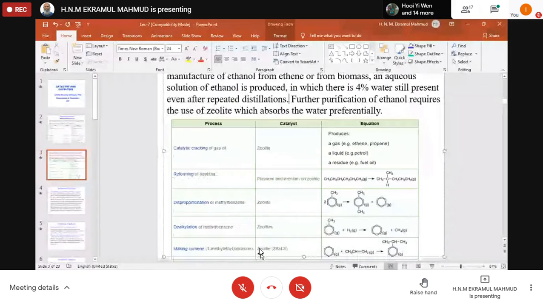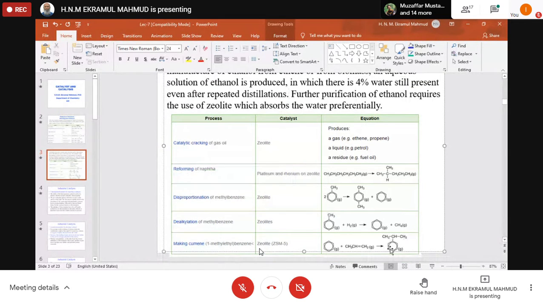And we have cumene, isopropyl benzene, or the other name is 1-methyl ethyl benzene. So ZSM5, zeolite socony mobil 5, is used to produce cumene, which is an important chemical.